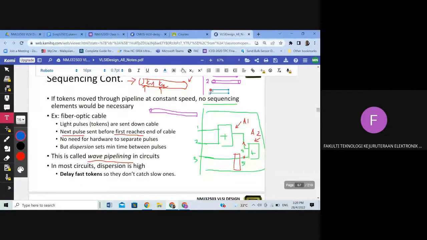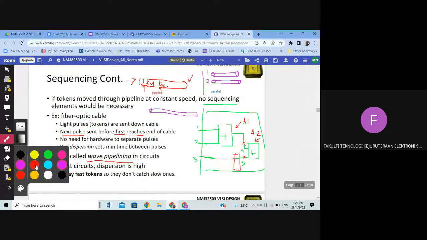Here is parallel, and here is pipeline. We have also another one, which we call truly sequential, one after another. So maybe I can sketch here in a different color.